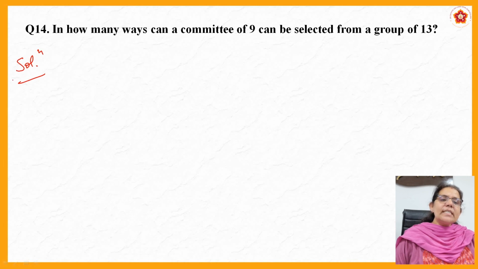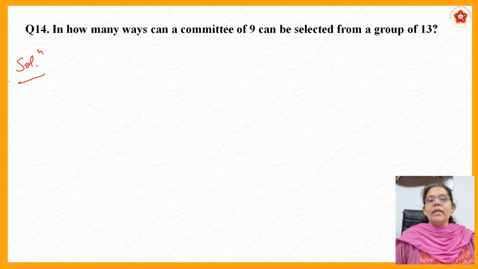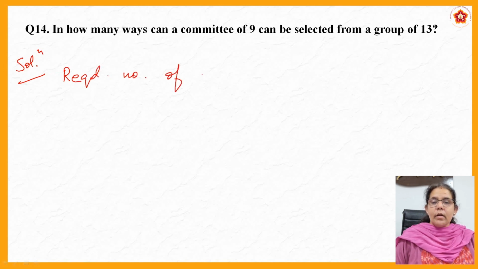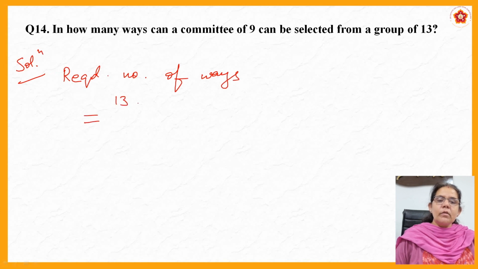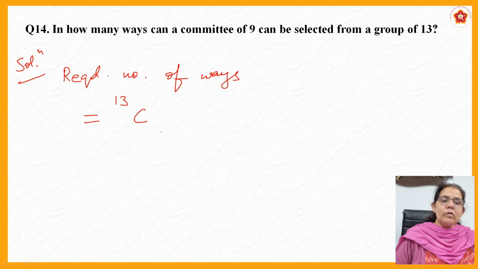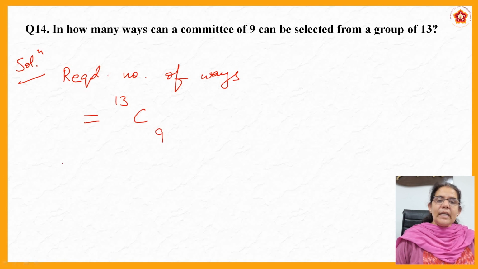In how many ways can a committee of 9 be selected from a group of 13? Committee of 9 has to be selected from a group of 13. So required number of ways: out of 13 people, how many have to be chosen? 9.